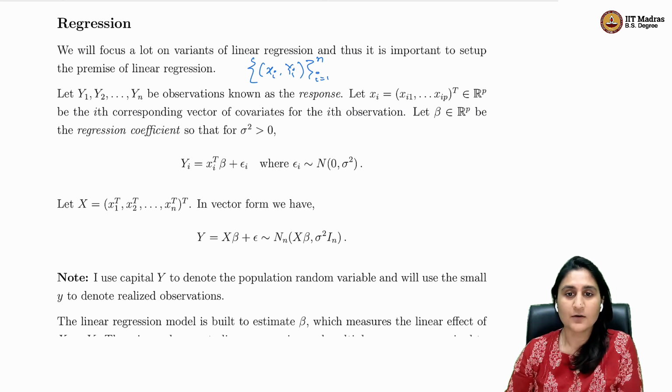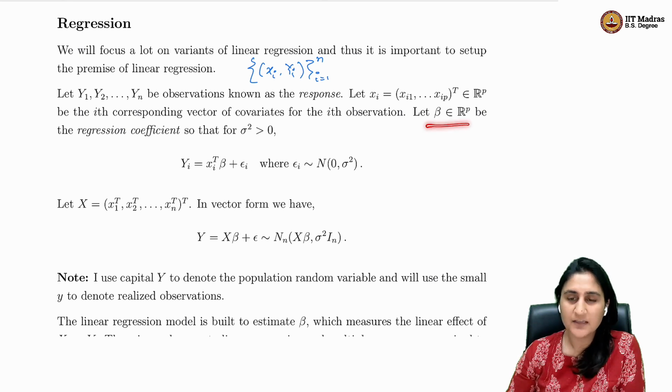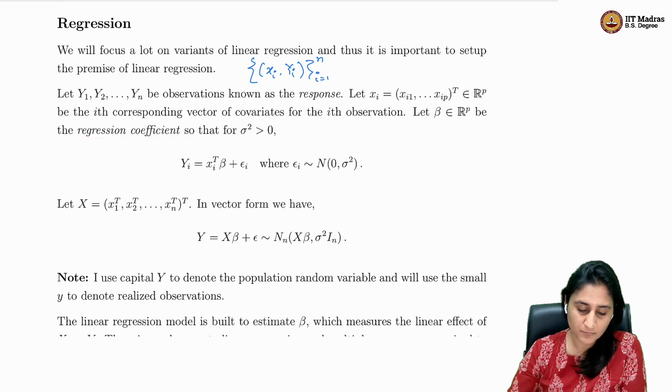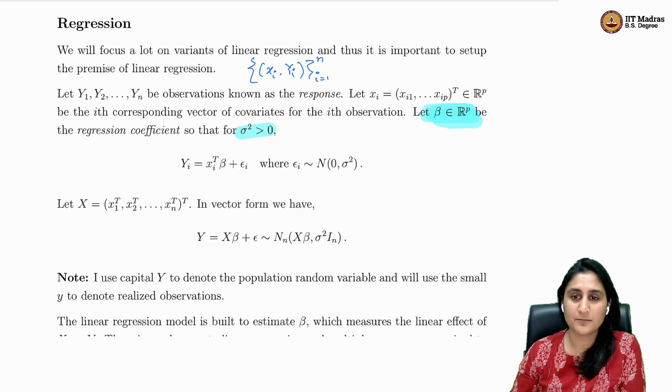Okay. Now let beta be a p-dimensional vector in R^p, and this is called the regression coefficient. This is going to be one of our main parameters of interest in addition to sigma squared, although we are actually going to be interested in beta quite more.